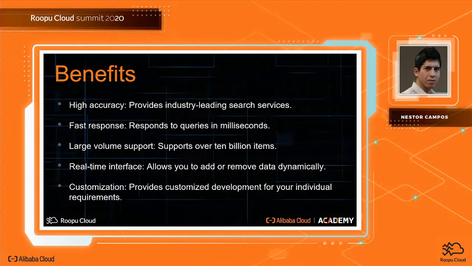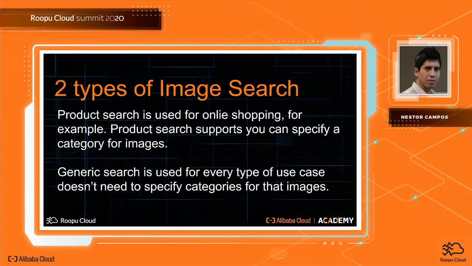But before you can build with image search, you need to understand the two types of image search. First, product search. It's used for online shopping. For example, product search lets you specify a category for the image. Later, again, we are reviewing a demo with product search.